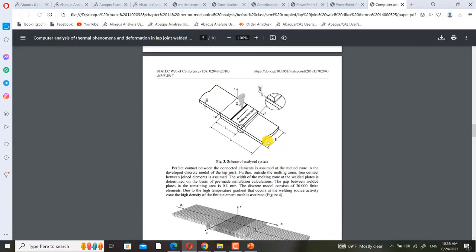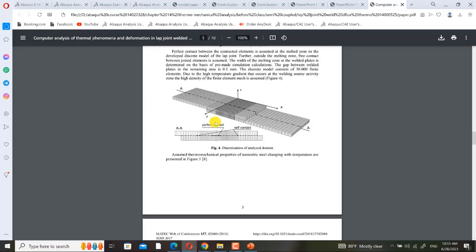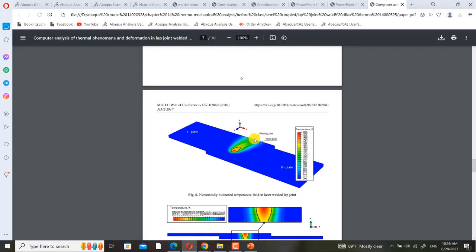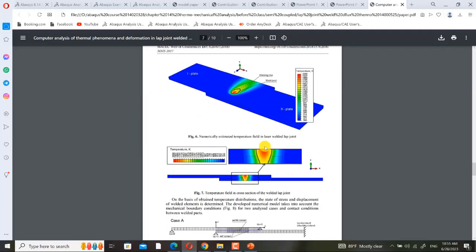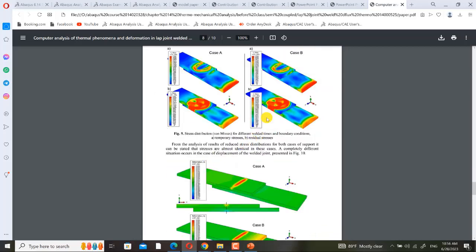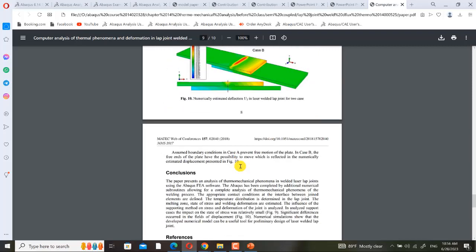It is fixed from both sides, and laser passes here and it creates weld. Here we have moving heat flux, moving heat source. It's a laser beam. And this is the finite element mesh. Also here you can see the moving heat source, the temperature change along the thickness, and the stress contours and other things.